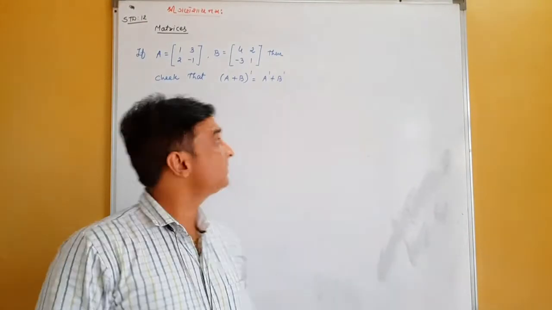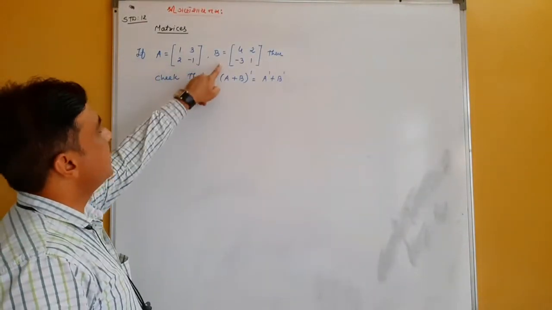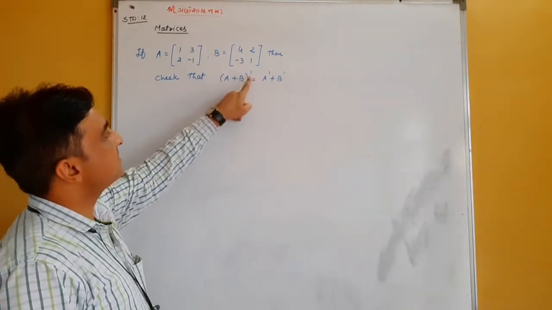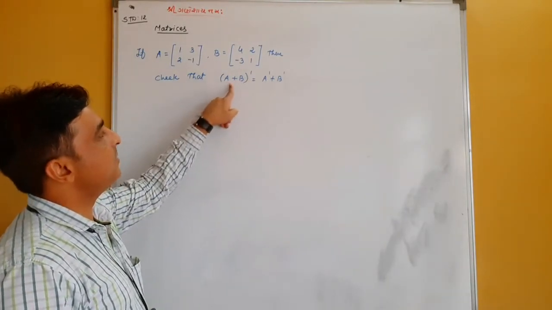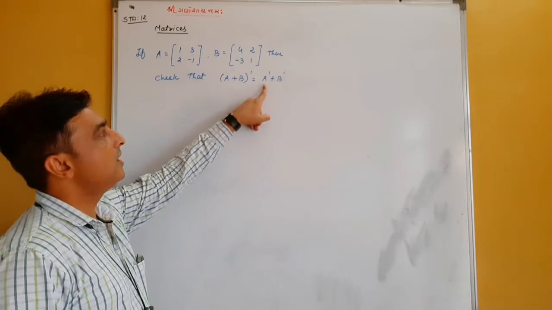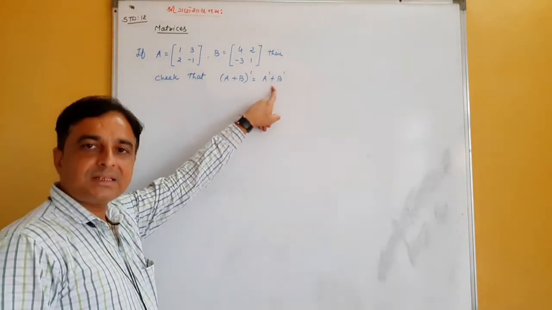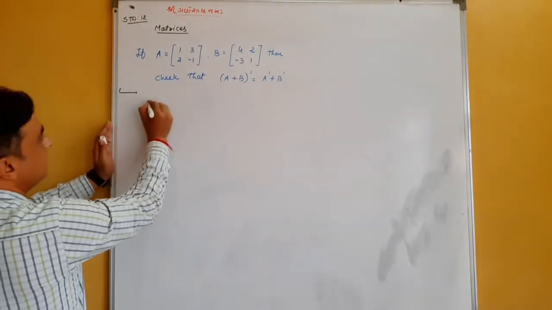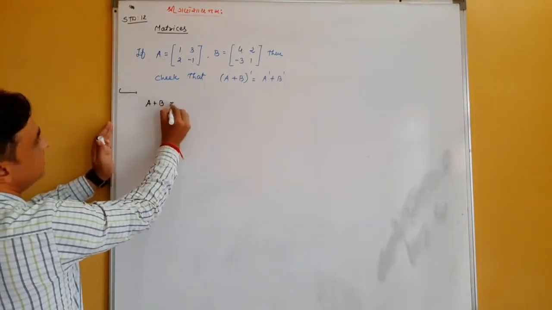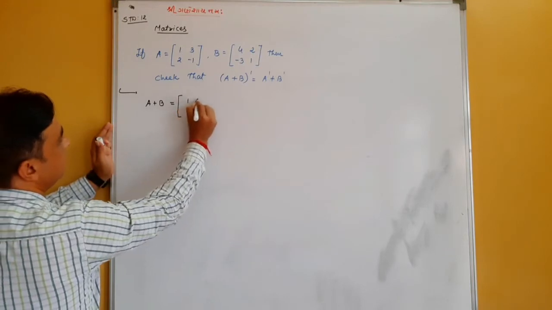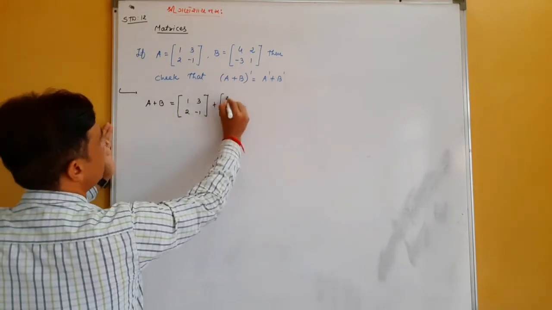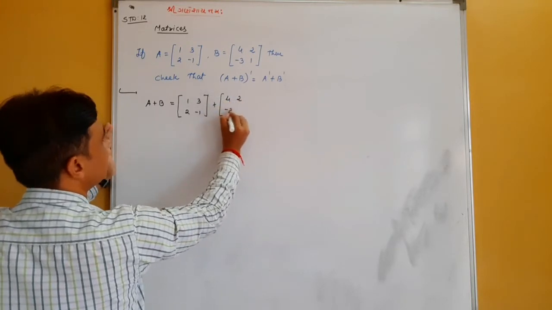Let's check that if A and B, two square matrices, are given, then A plus B dash, that means the transpose of A plus B, is equal to the transpose of A plus the transpose of B. So for that, first we will find A plus B: 1, 3, 2, minus 1 plus B, 4, 2, minus 3, 1.